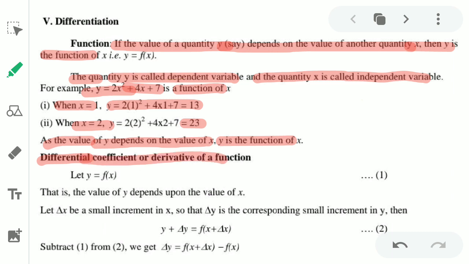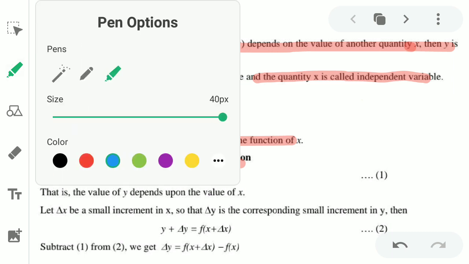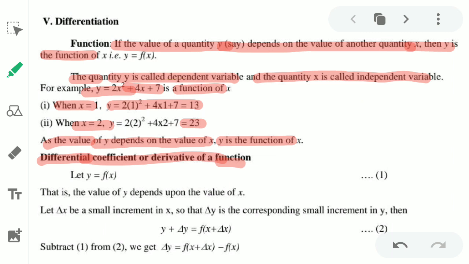Okay. So now we discuss the differential coefficient or derivative of a function. The question arises, what is the differential coefficient or derivative of a function? With an example we see that if we consider y equal to f(x), we know very well what y is and what f(x) is. So y equal to f(x) means y is a function of x. That also means y depends on x.